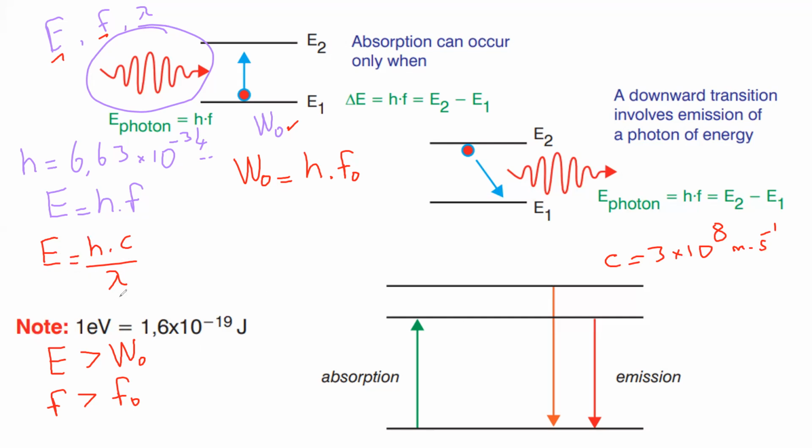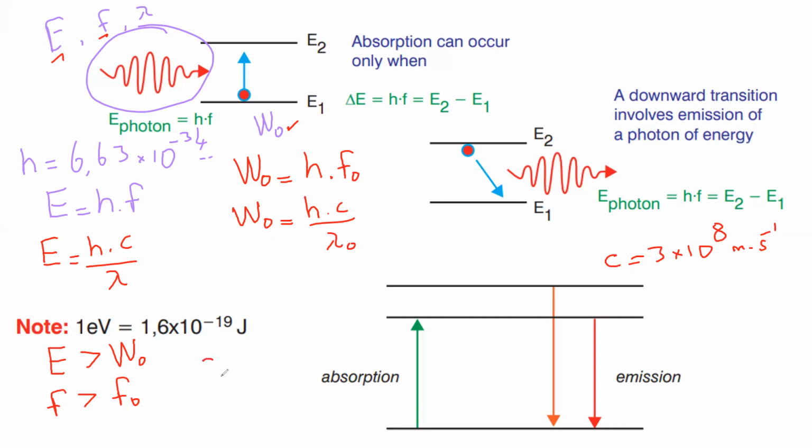This wavelength is supposed to be shorter than the threshold wavelength. The work function formula can also be written with wavelength, hc over lambda 0. Remember, for the work function we use lambda 0 and f0, but for the photon energy formula we use lambda and f without 0.